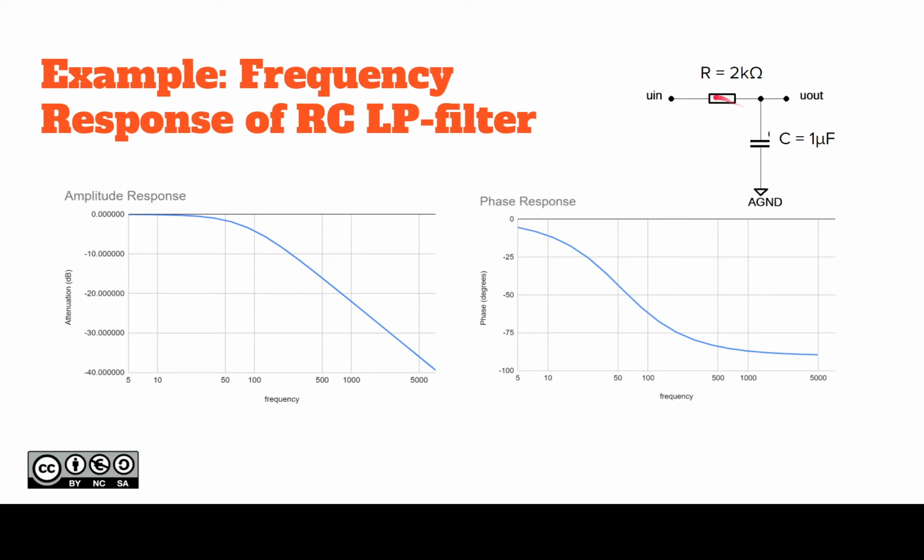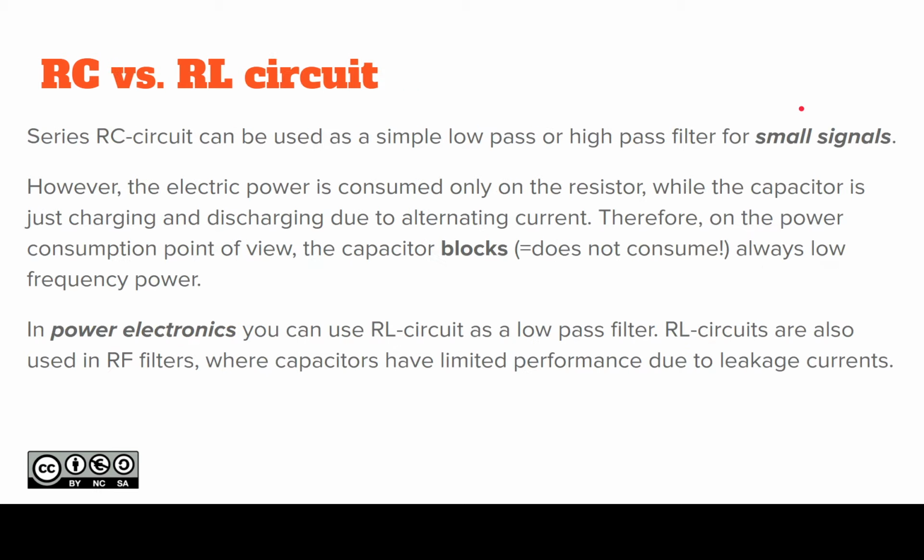And again, those currents don't pass through the resistor if this is open circuit here. So from the power consumption point of view, this always functions as the high pass filter for the current, the RC filter, when it's used in series.